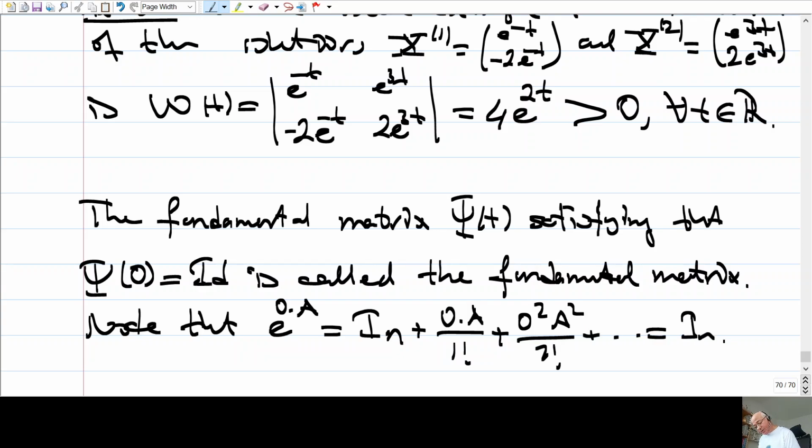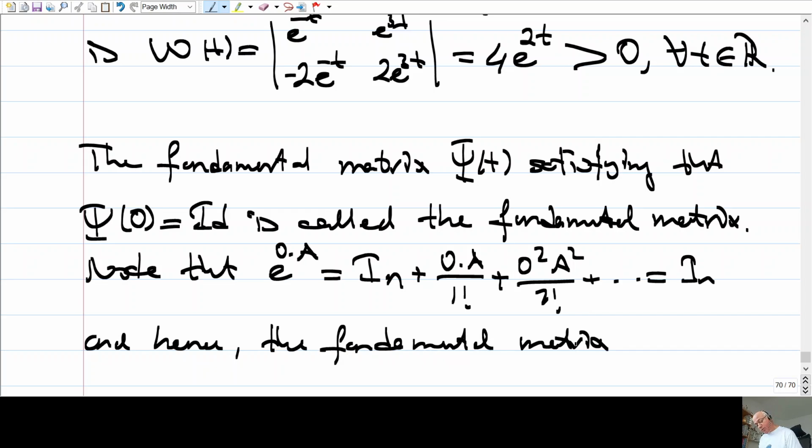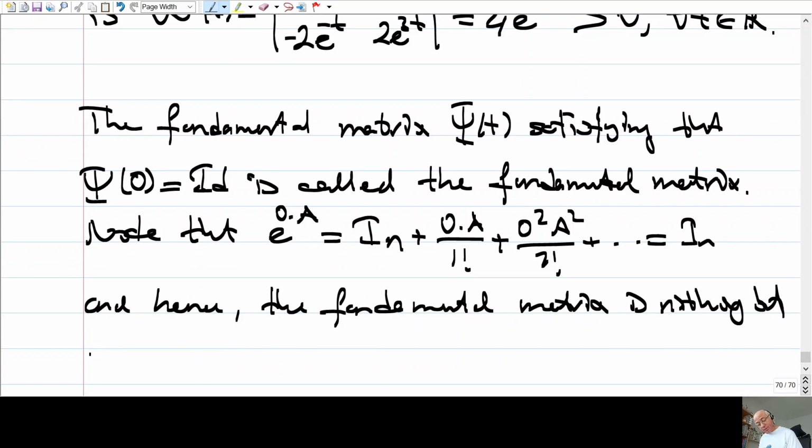This is just the identity matrix, and hence a fundamental matrix which is identity at 0 is nothing but this gadget.